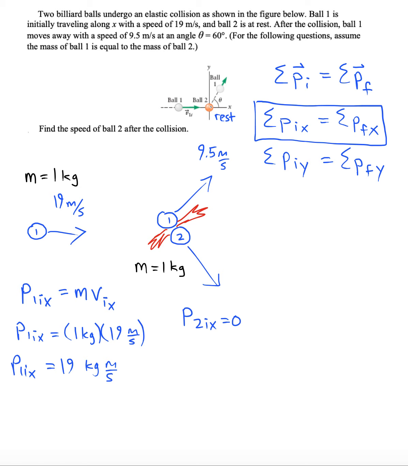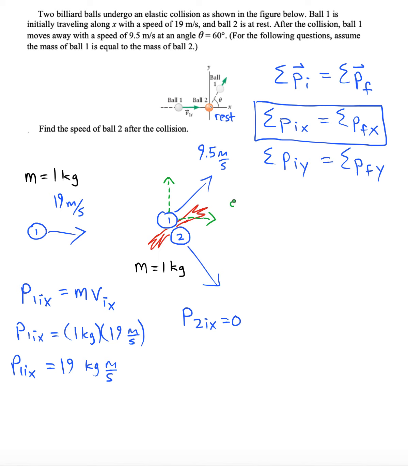Now let's see what we can find out about post-collision. Ball 1 is going to have components to its velocity. Let's find out what those components are.